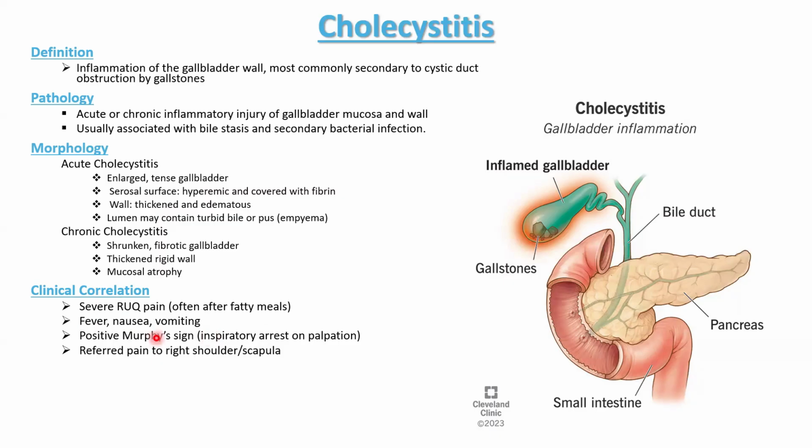and also the concept of referred pain. So remember here, the gallbladder is supplied by nerves. Because of the irritation, that pain will be referred to the right shoulder, giving us positive pain there.